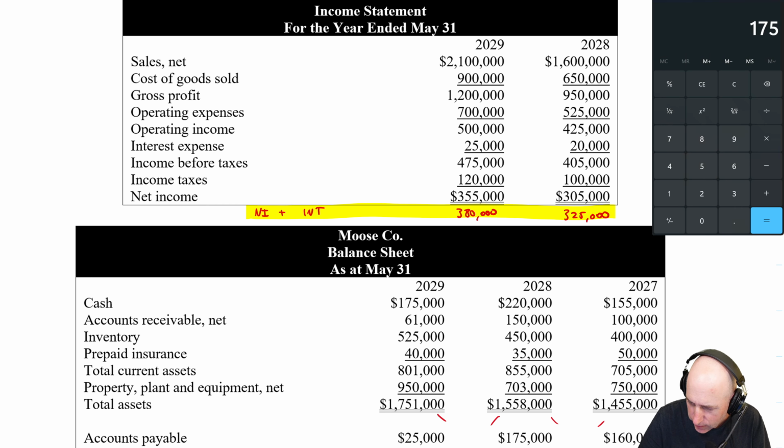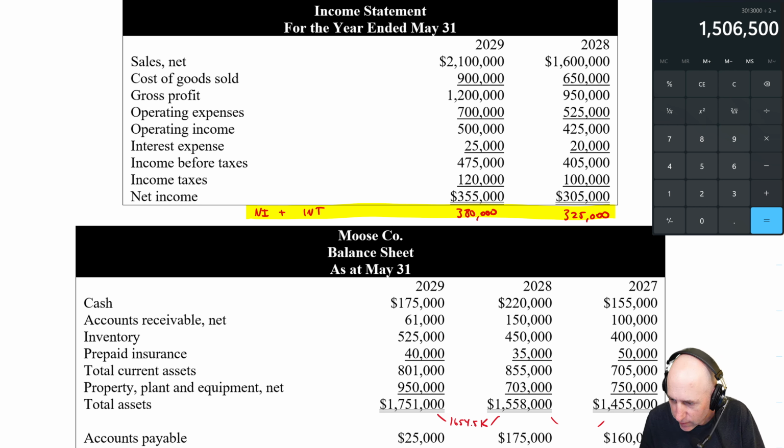So 1751,000 plus 1558,000 divided by 2, 1654.5K. And 1558 plus 1455 divided by 2, 1506.5K.